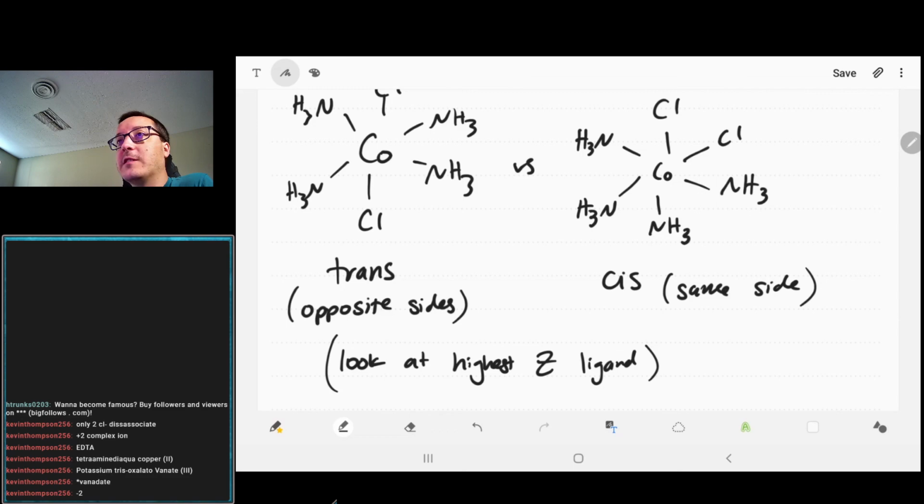While it may not be super obvious in an octahedral complex like this that those two chlorines are on the same side, if we were to really do this in 3D, we could.